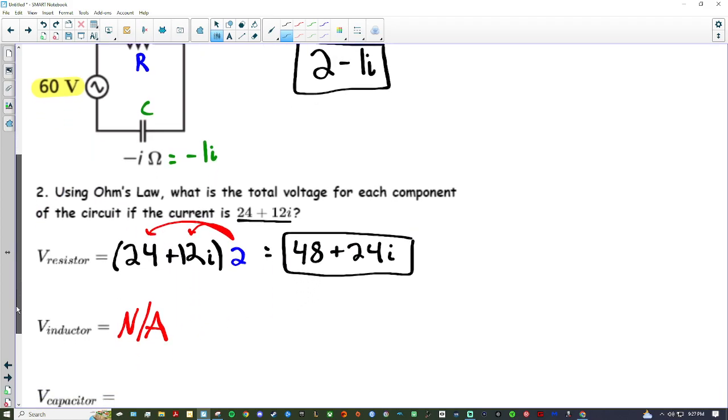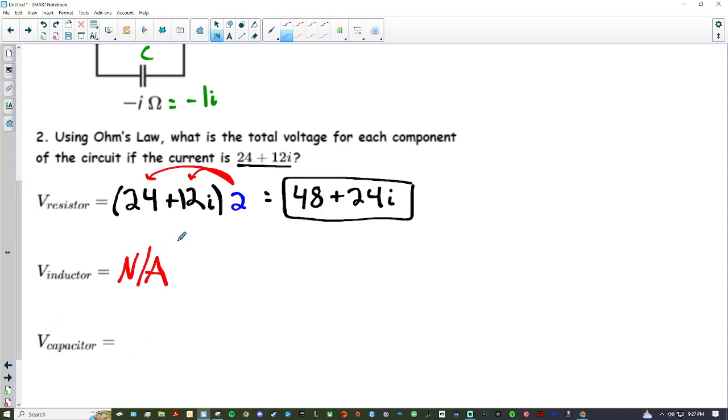We didn't have an inductor, so we'll go down to the capacitor. Again, we're going to take our current, 24 plus 12i, and multiply by our capacitor's resistance, negative 1i. Just like before, we're going to distribute.